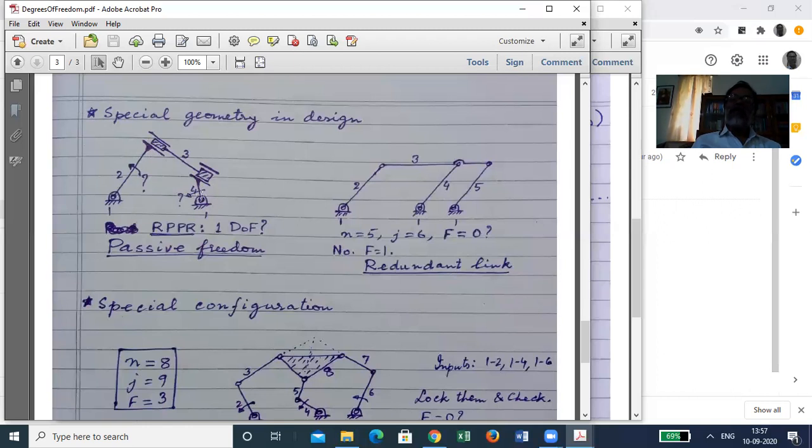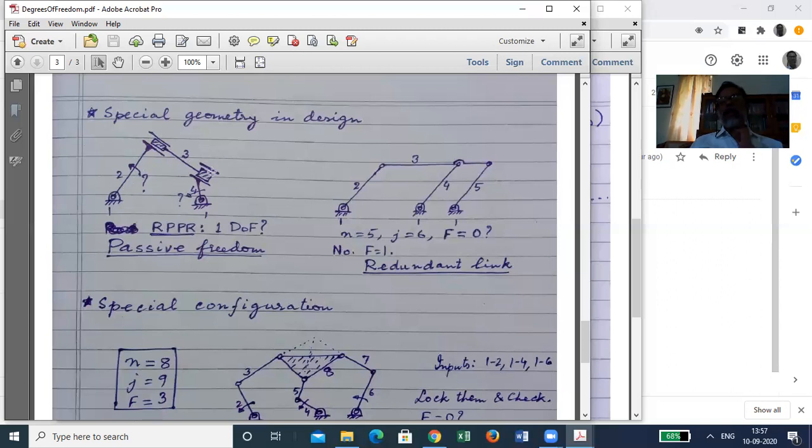Independently, if you try to turn this, the same thing will happen, because these 2 links do not have the same orientation and same length. In that case, they could actually play together. So whatever 1 degree of freedom this mechanism has nominally, that is actually wasted in this self motion of this link.